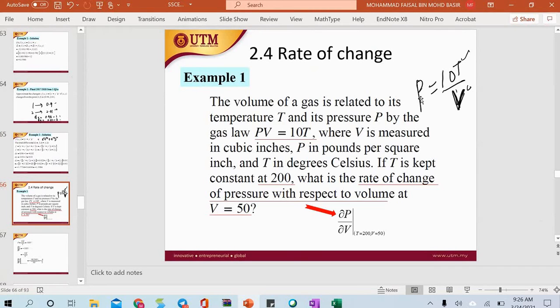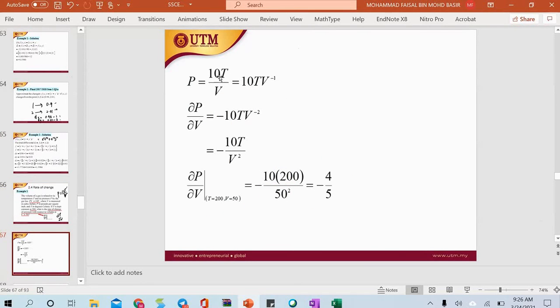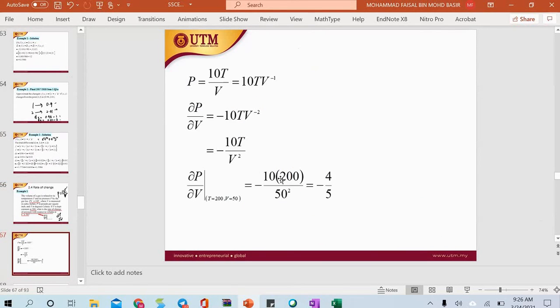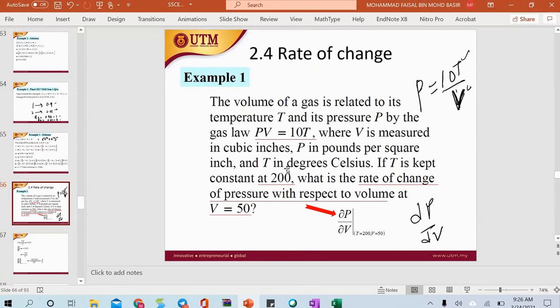So they ask you to find change in P with respect to V. I think it's easy, right? Just differentiate. You bring this to the top, differentiate first, and then just substitute. This is a direct question. They gave you V, they gave you the P also, 200. You just substitute.